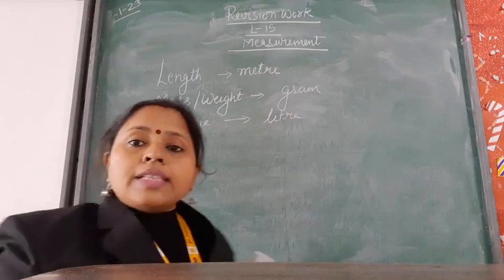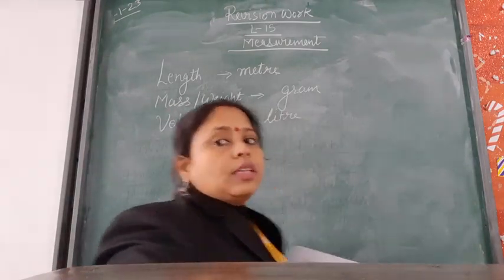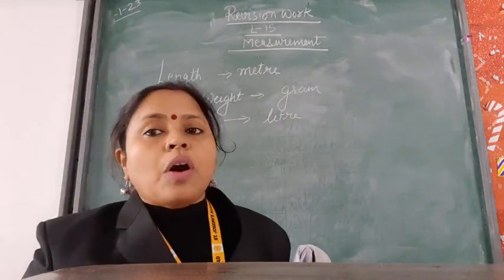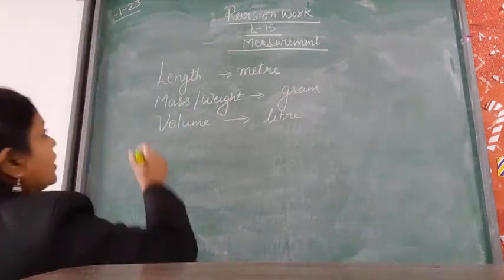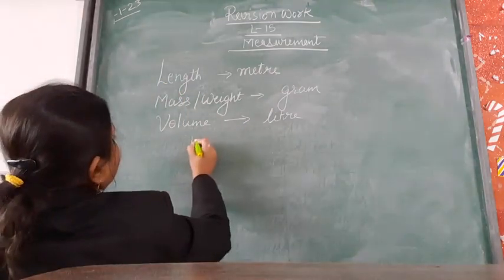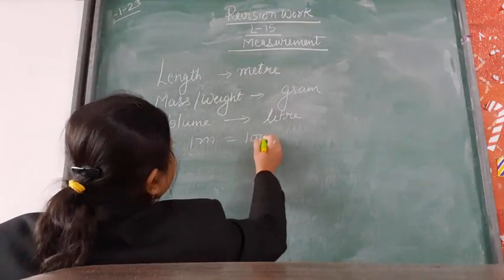Now let us revise the relationship between different units. First, the relationship between different units of length. We know that in 1 meter there are 100 centimeters, right?